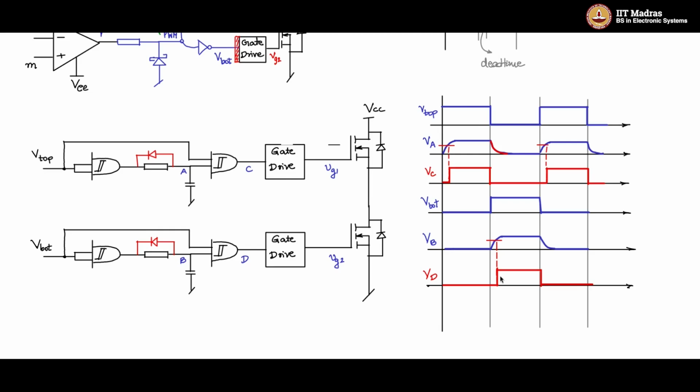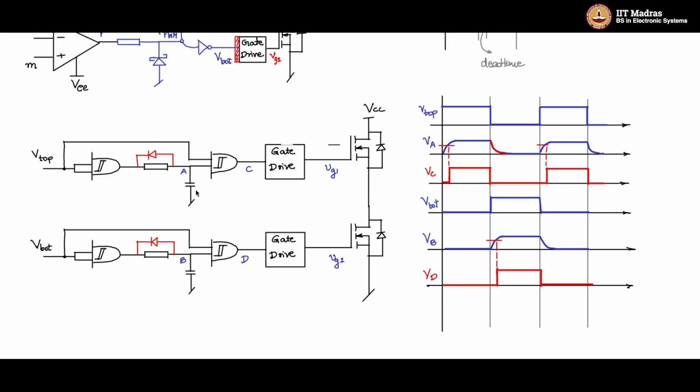So look at VD and VC. These VC and VD are the ones which have this turn on delay, and as a consequence you see that there is no transition overlap, and there is a dead time that is inbuilt, and we can adjust the value of this dead time by adjusting the RC parameters.